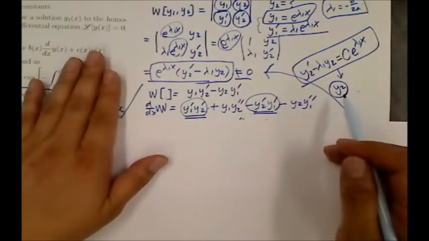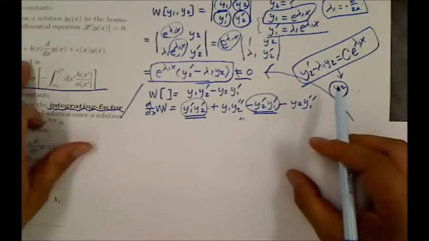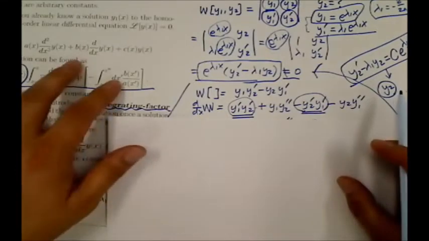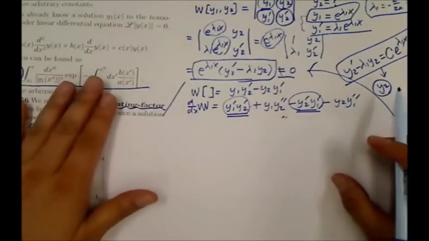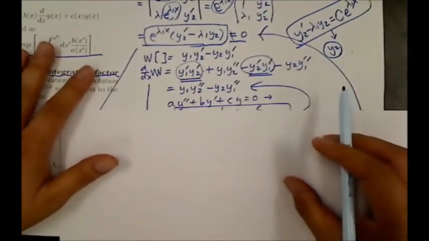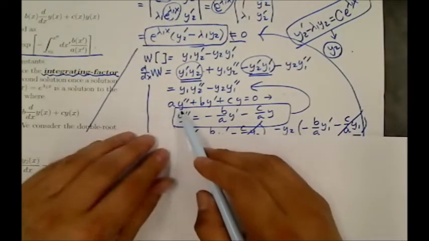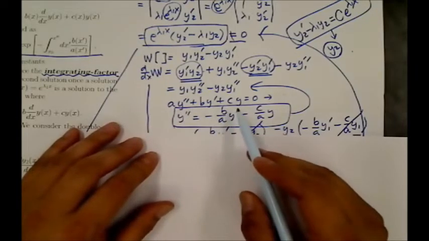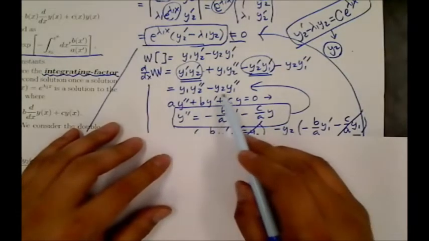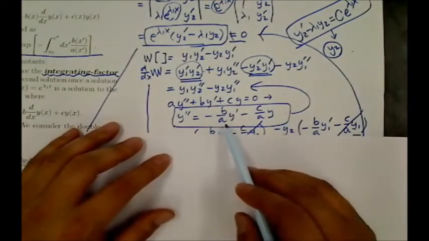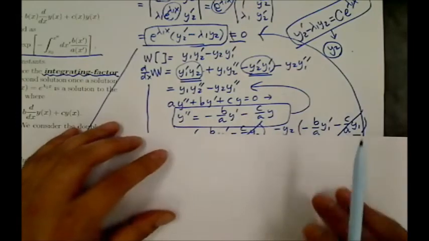But as I already told you, once these y's are solutions to the linear differential equation, the double prime can always be expressed in terms of the single prime or non-prime. I have the expression a y double prime plus b y prime plus c y equals 0. This gives y double prime, moving these two terms to the right side, as minus b over a y prime minus c over a y.